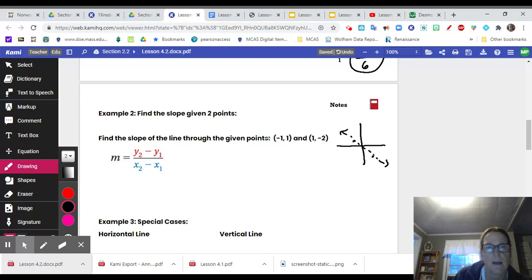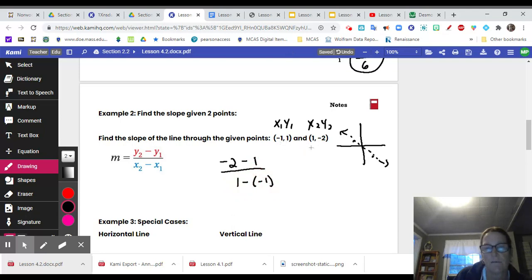So I am going to label the first point x1, y1, and the second point x2, y2, and apply the formula. How did y change? Y went from 1 to -2, so I'm going to find that difference. And the x value changed.